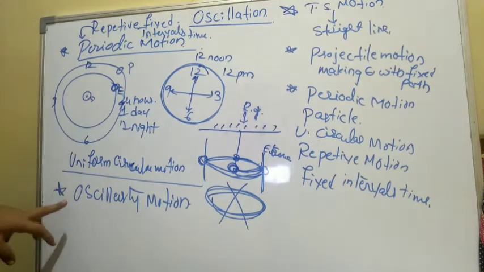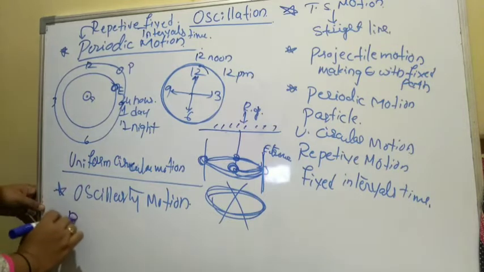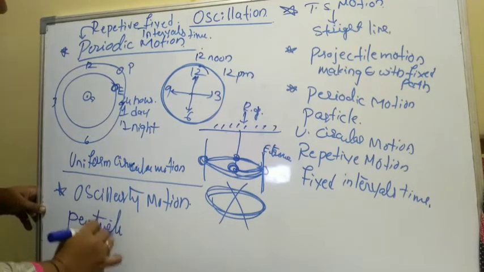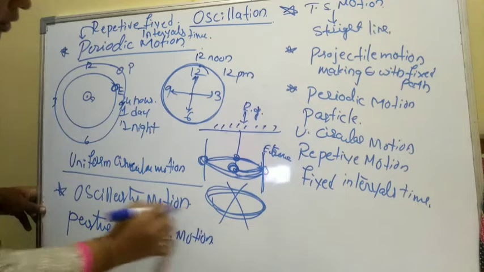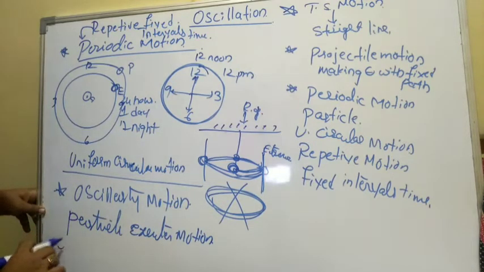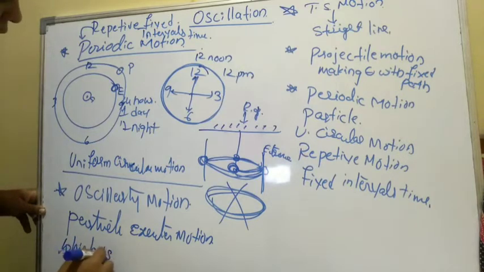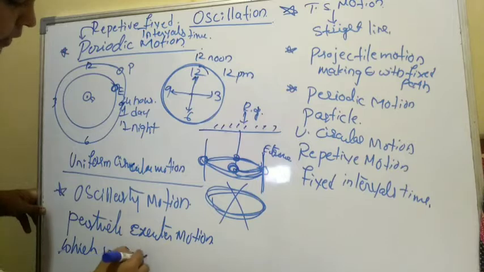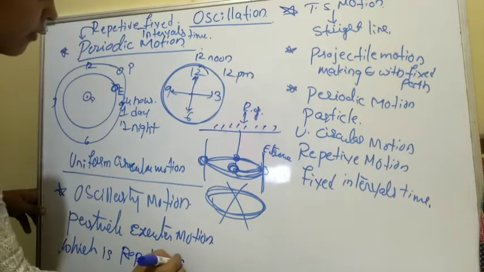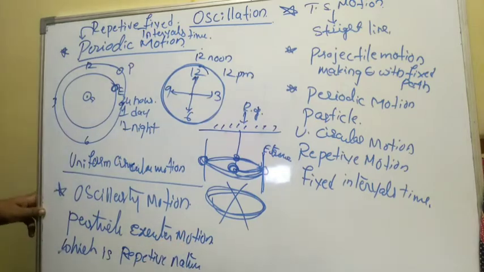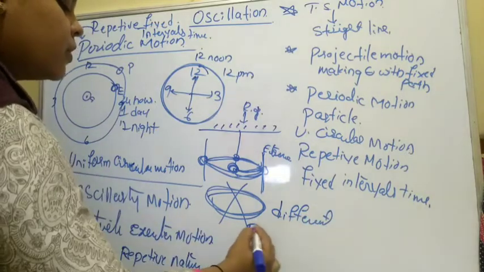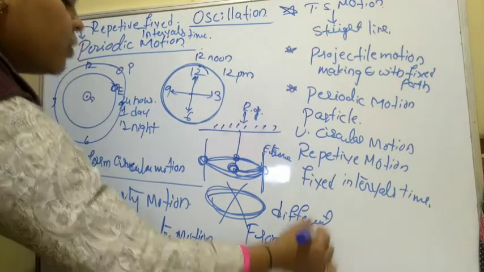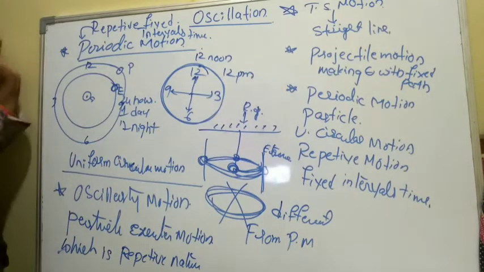So there is oscillatory motion when the particle executes a motion which is repetitive in nature, but different from periodic motion.